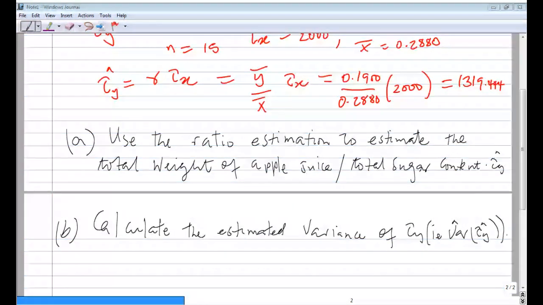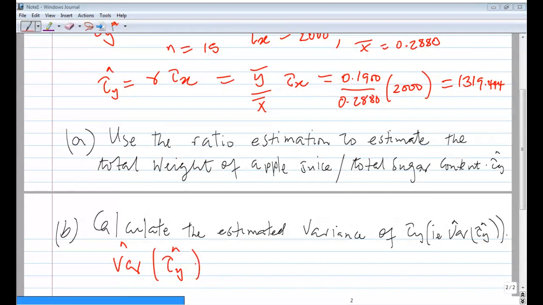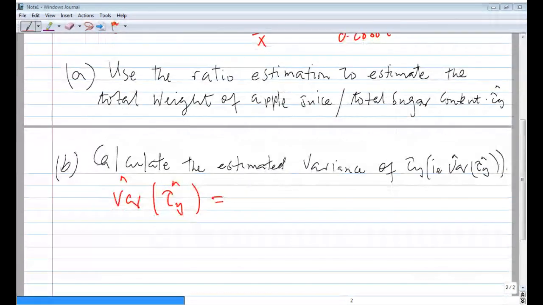So how do you do that? I think I gave you a formula. The estimated var of the estimated population total under ratio estimation, what is the formula?